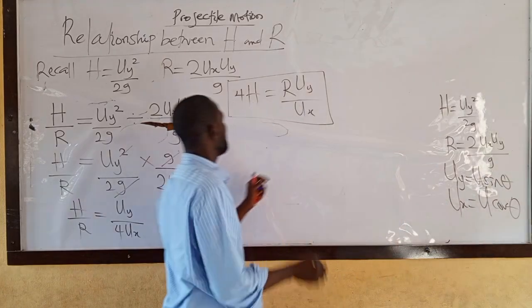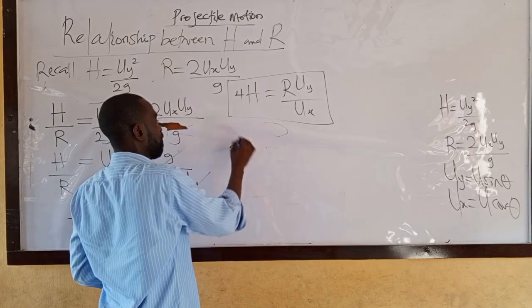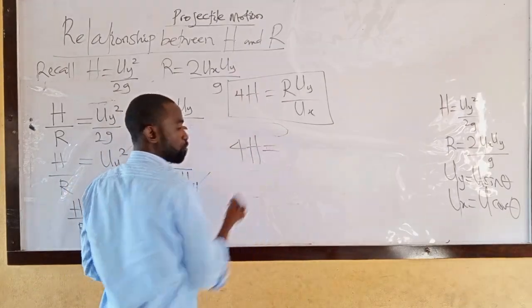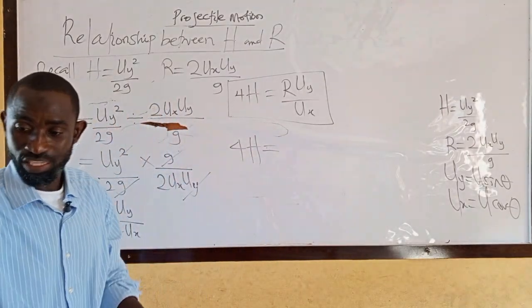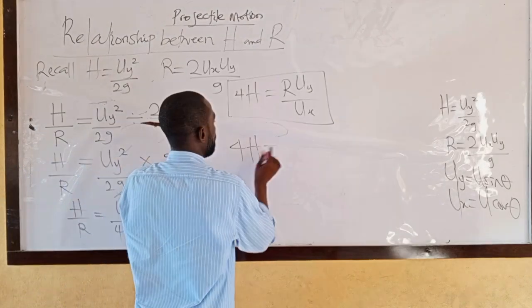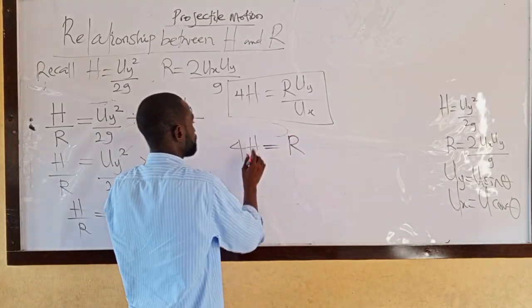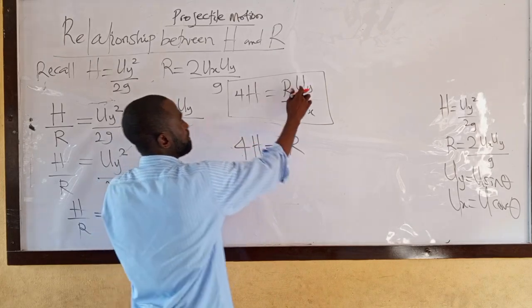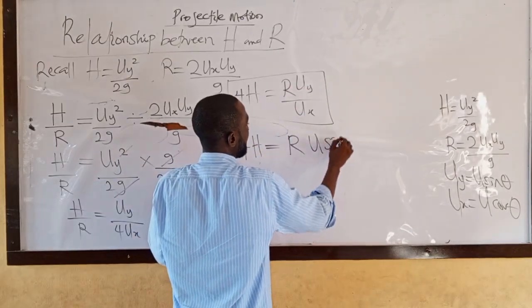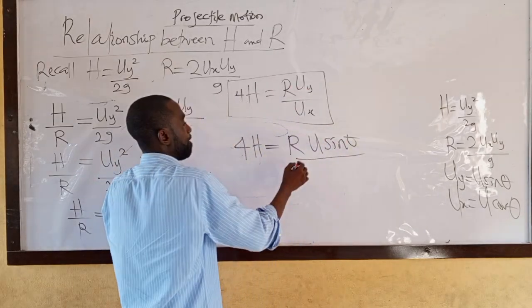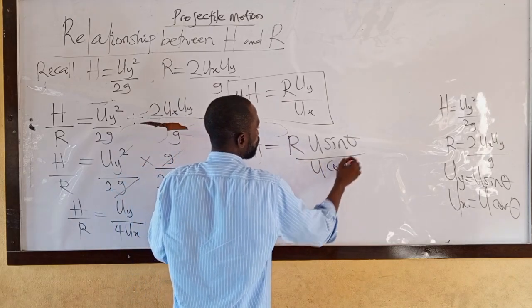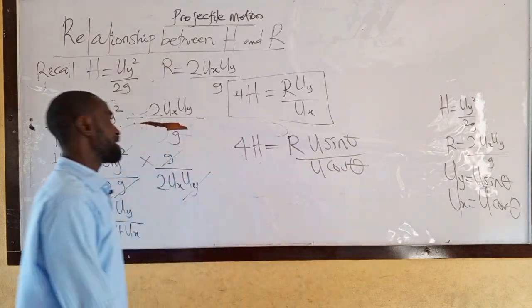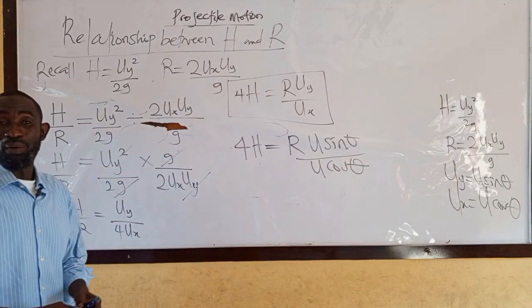So this implies I'll still go ahead and have 4H equals R times U sin theta all over U cos theta.